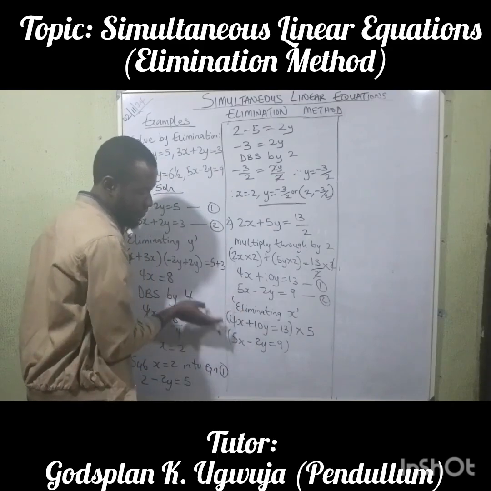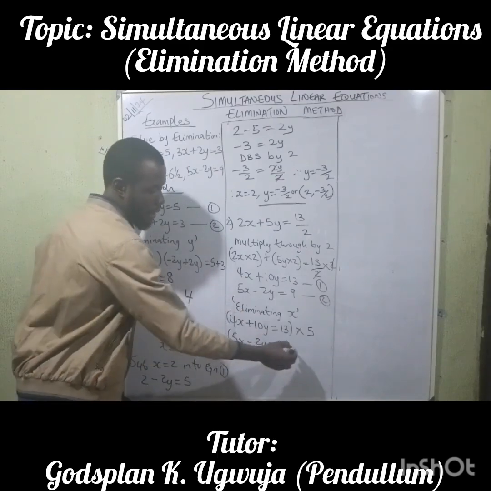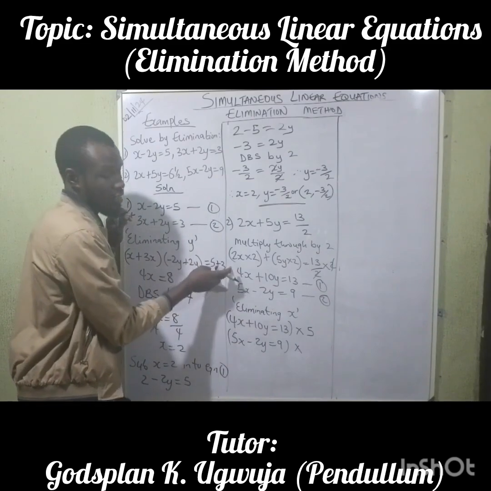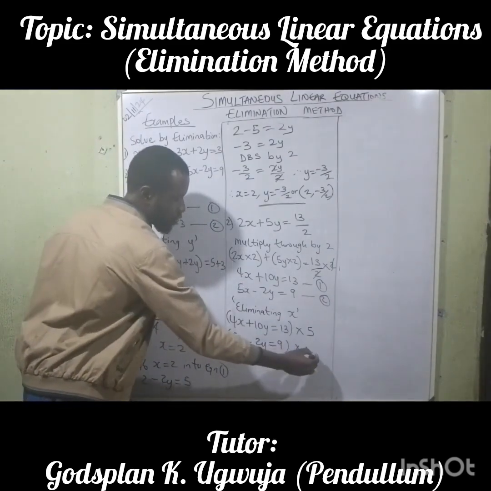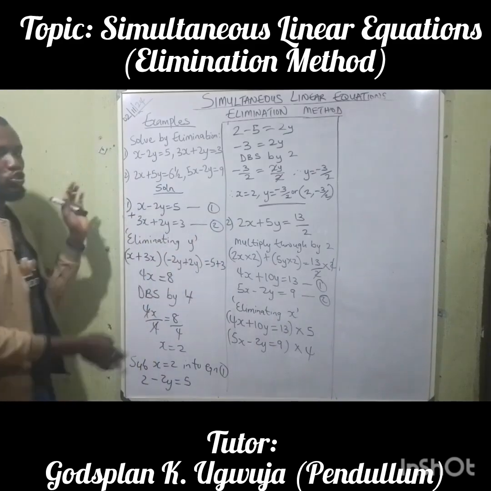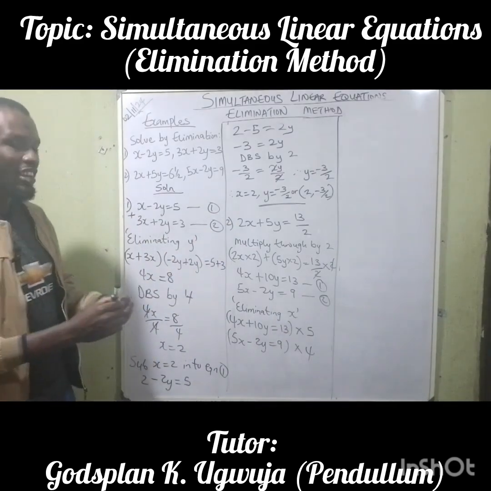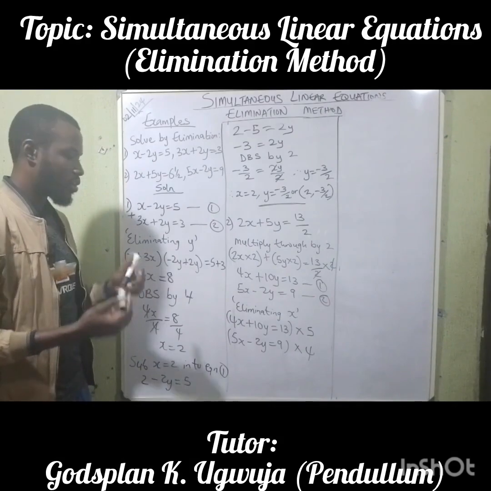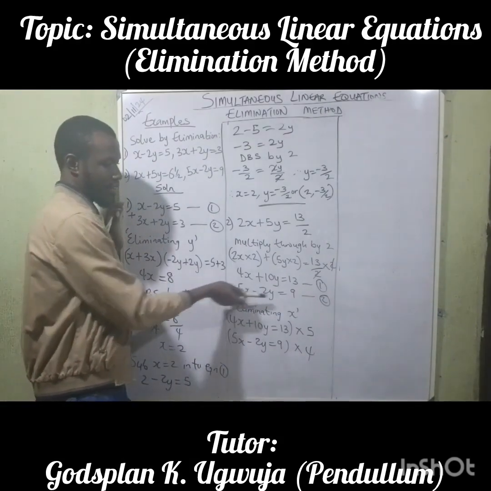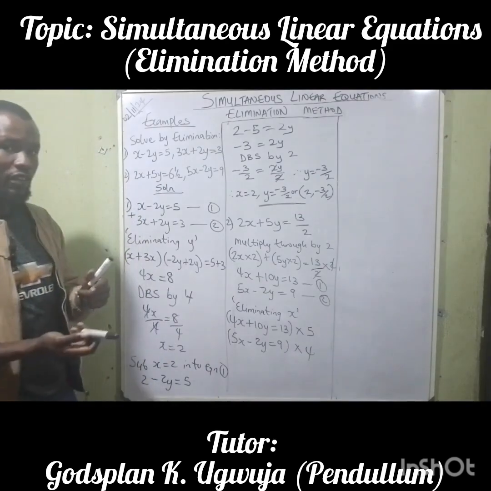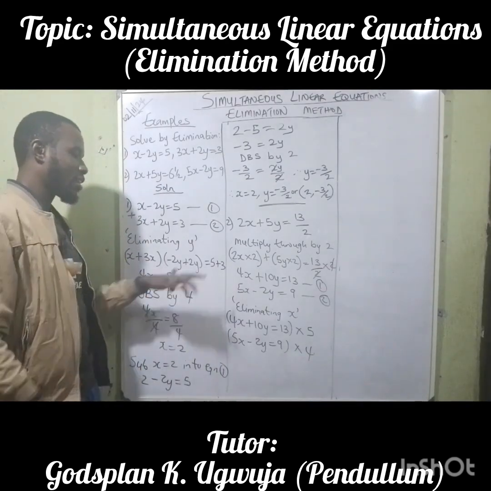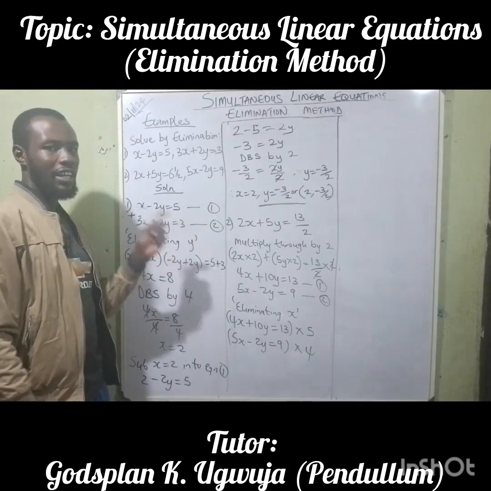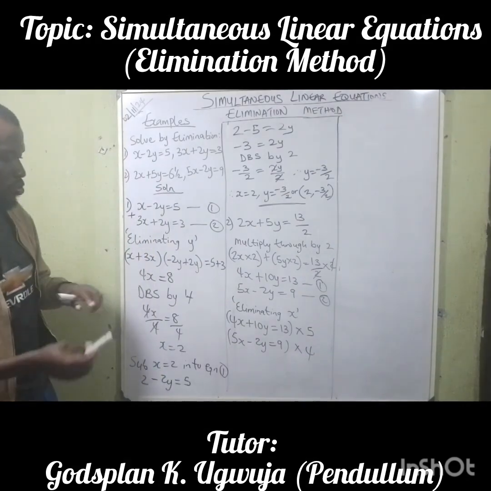Now I'm going to multiply everything here, this is equation 2, by the coefficient of x in equation 1. So remember that you're going to switch coefficients, or should I say cross multiply, however you understand it. Multiply equation 2 by the coefficient of x from equation 1. Multiply equation 1 by the coefficient of x from equation 2.